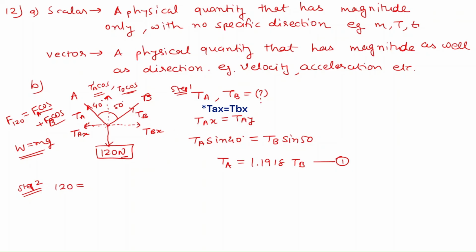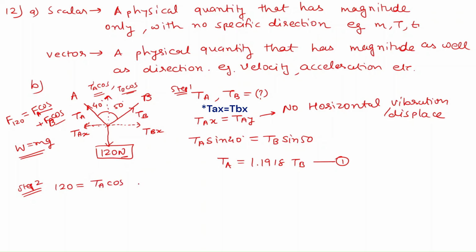That means there is no horizontal vibration, you can say vibration or displacement. Okay. And for the vertical direction, we have the cos components of TA and TB. We have to add them.